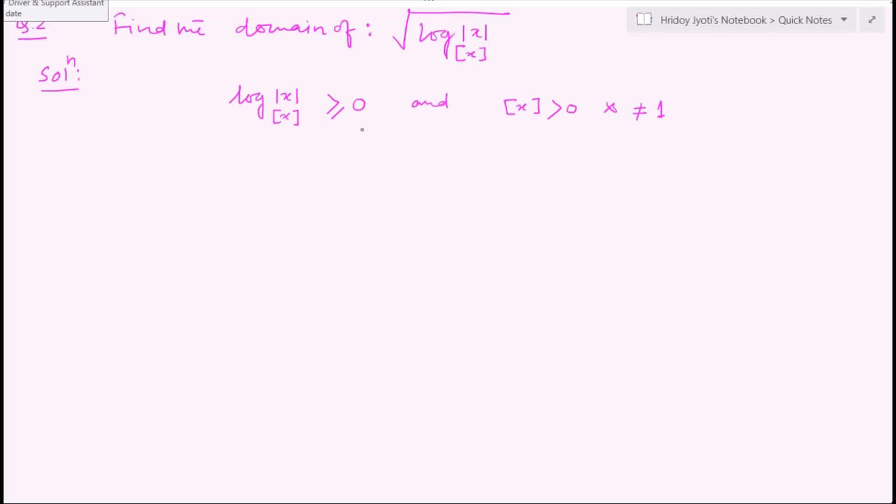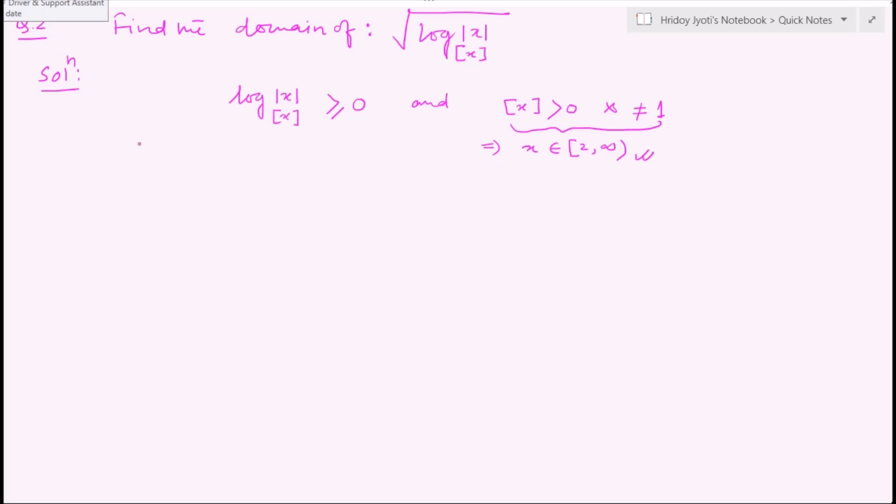The greatest integer function greater than 0 and not equal to 1 will give us x belonging to 2 to infinity, right?